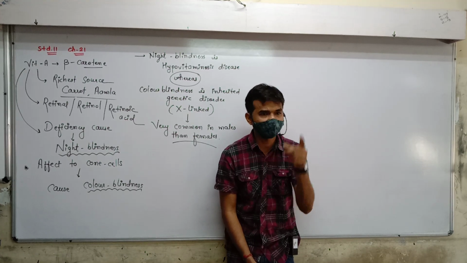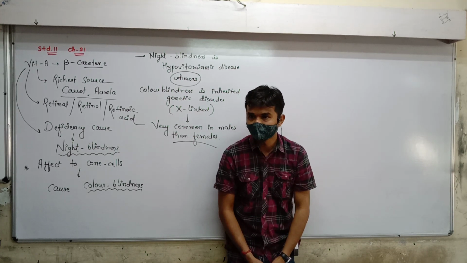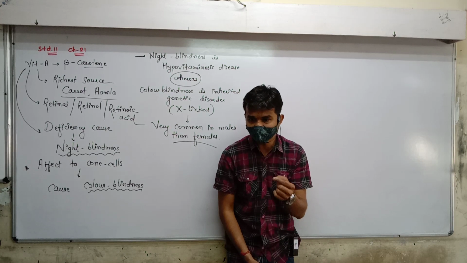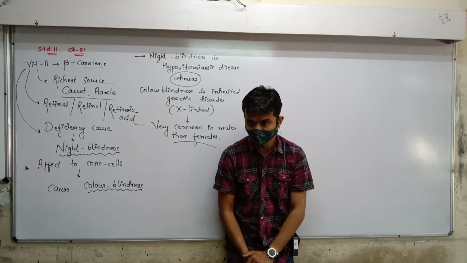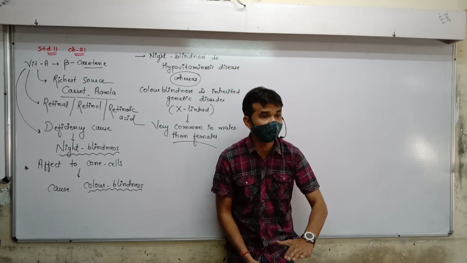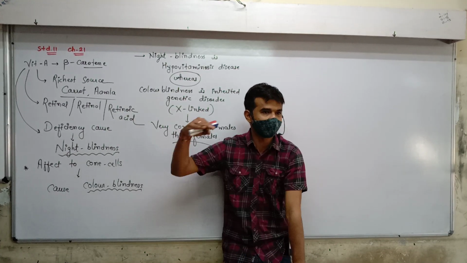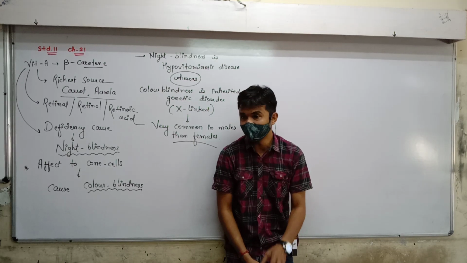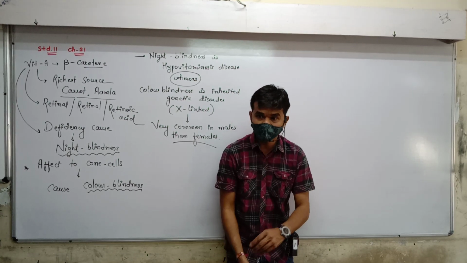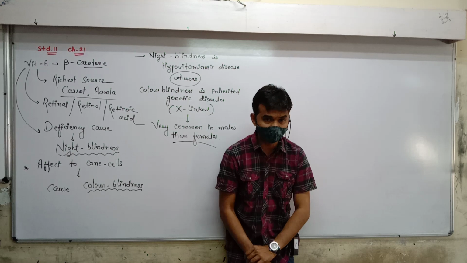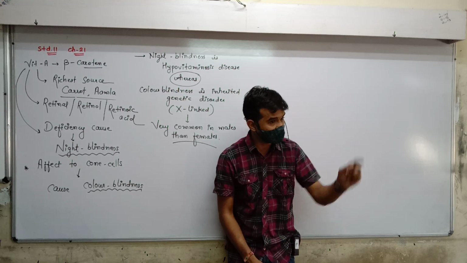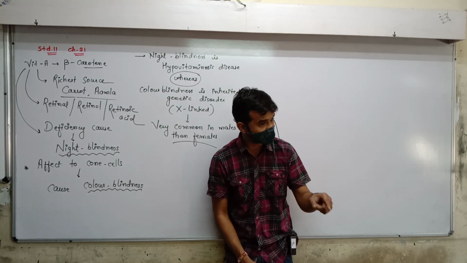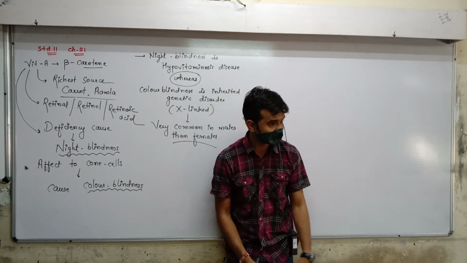What about females? In females, if one X chromosome is color blind, its effect is diminished by the dominant X chromosome, which is normal. In a female with two Xs, the effect of color blindness of the one affected X chromosome is diminished by the normal X chromosome.